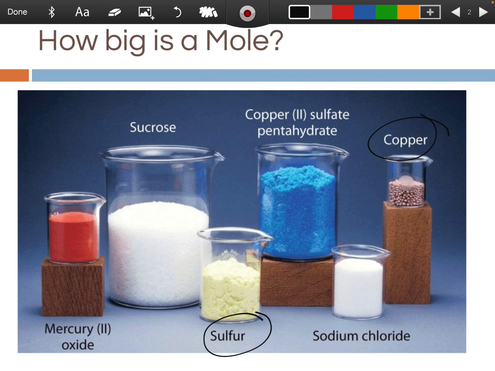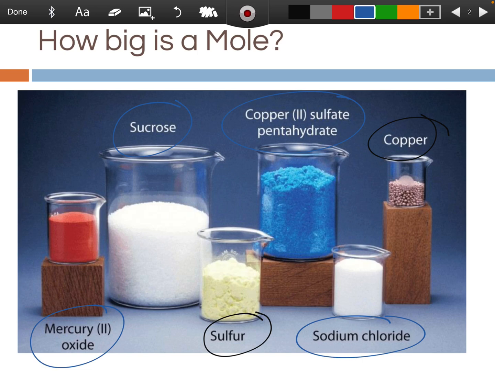If you're talking about a compound, like sucrose, copper sulfate, sodium chloride, or mercury 2 oxide, those would be molecules or formula units. So 1 mole of mercury 2 oxide would contain 6.02 times 10 to the 23rd formula units. All of those terms, molecules, atoms, particles, formula units, represent particles.